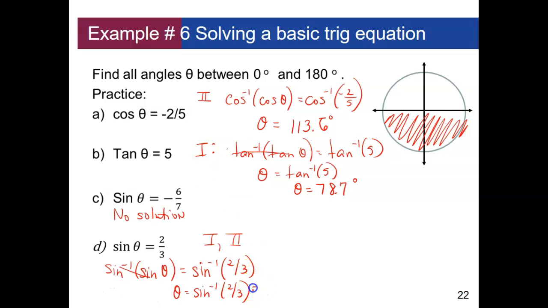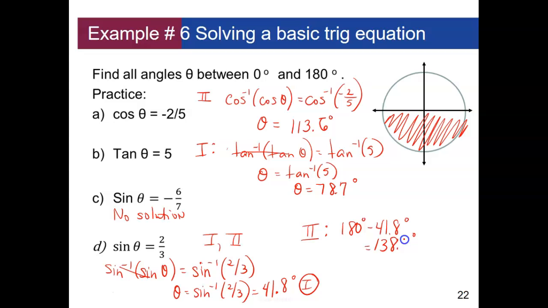which is 41.8. So 41.8 degrees. That is my first quadrant angle. To get my second quadrant angle, I'm going to have to do 180 degrees minus the 41.8 that I just found, and that's going to give me my second angle, 138.2 degrees.